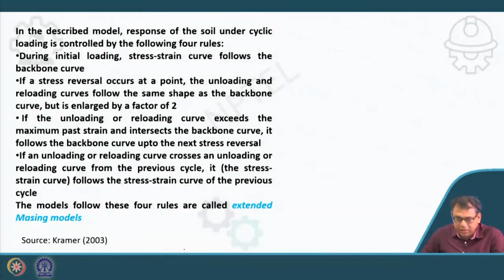If the unloading or reloading curve exceeds the maximum past strain and intersects the backbone curve, it follows the backbone curve up to the next stress reversal. If an unloading or reloading curve crosses an unloading or reloading curve from a previous cycle, then it follows the stress strain curve of the previous cycle. Any model that follows these 4 rules is called an extended Masing model.